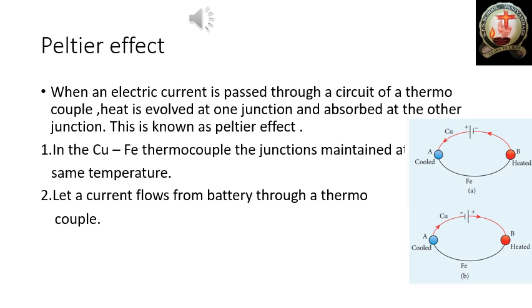So at this time what will happen, I will explain. I didn't mention any point on the screen, please listen carefully here. Whenever current flows from battery through a thermocouple, first case, at junction A, the current is flowing from Cu to Fe, copper to ferrous, correct?